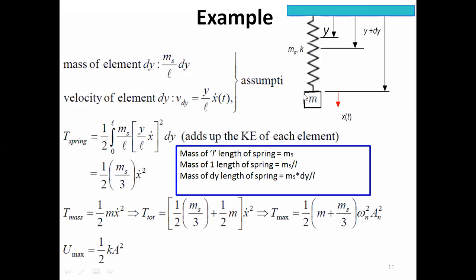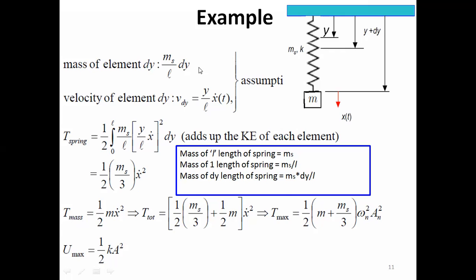In order to find the kinetic energy of this mass, that is very easy, because we know the equation for the kinetic energy is half m v squared. Here x of t is the displacement, so x dot would be the velocity, so the kinetic energy of the mass would be half m x dot squared.